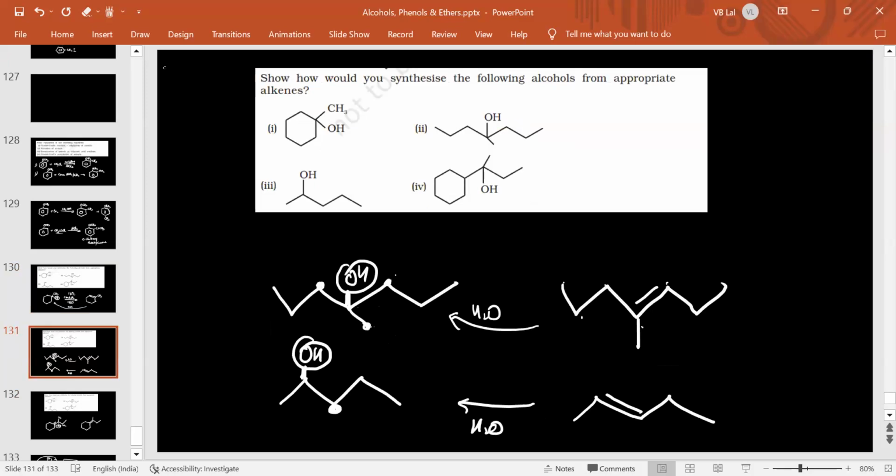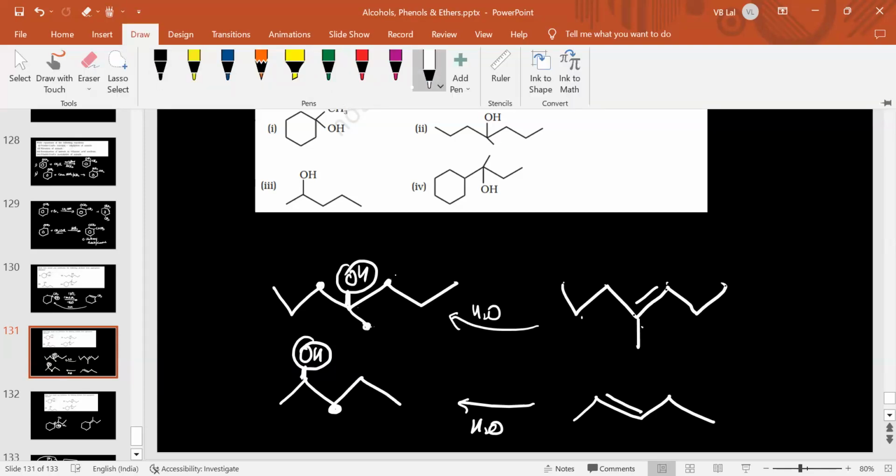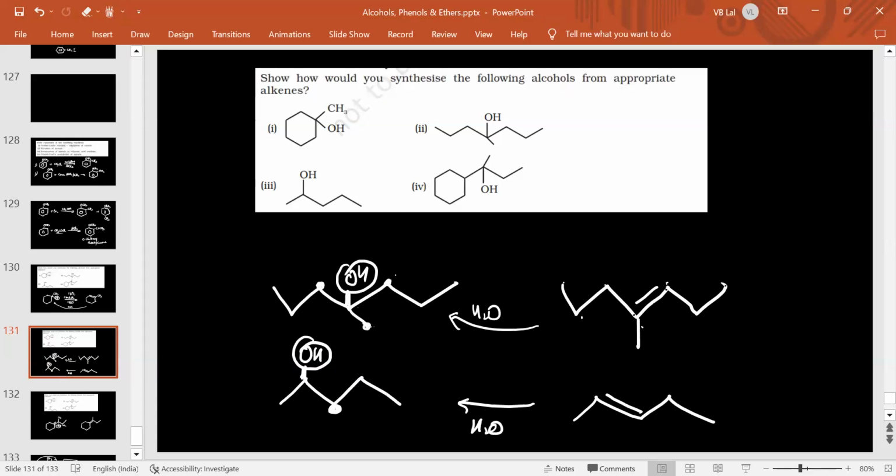Second one. Yeah, so it is 1, 2, 3, 4, 5, 6, 7. So 4-methyl hept-3-ene, right? 1, 2, 3, 4.